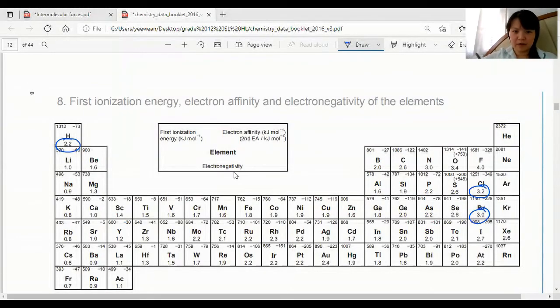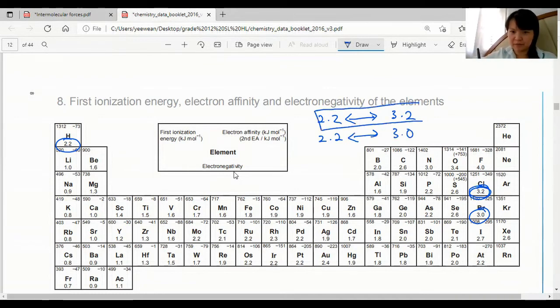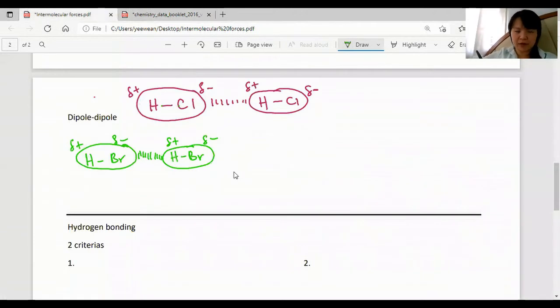So let's say that comparison. H is 2.2, of course it's more different with Cl. Cl is 3.2, while Br is only 3.0. So there's a larger difference here, which means the permanent dipole in HCl is stronger than HBr.